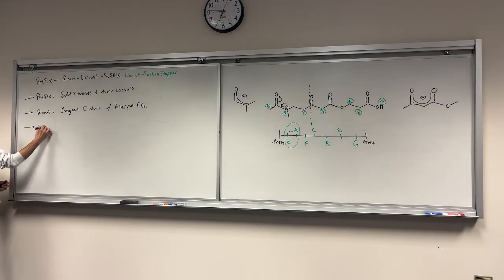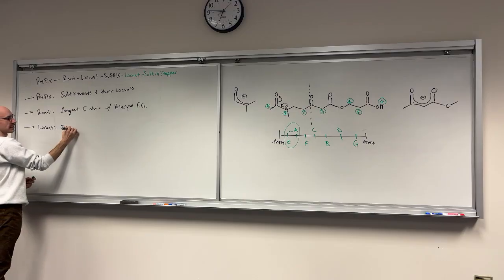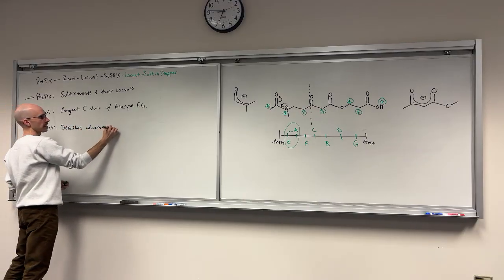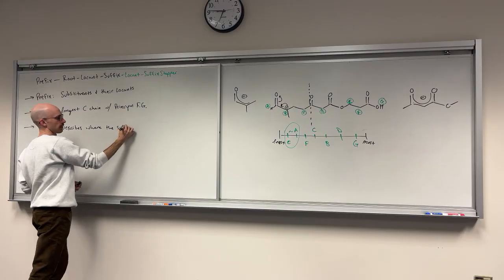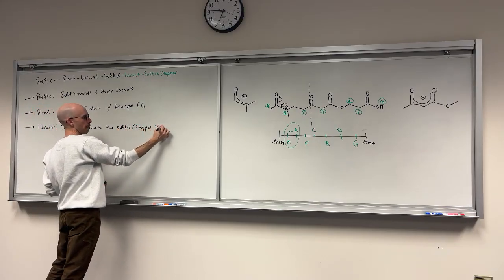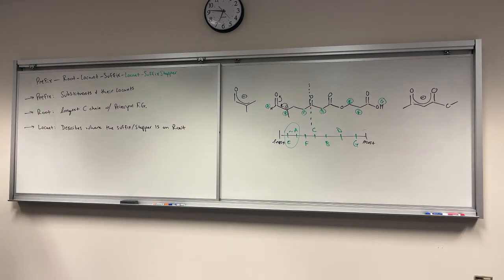Now, when we talk about this locant, we're just saying that it describes where the suffix is, or the suffix stopper. And the reason that I show it to you like this is actually because I didn't come up with this.